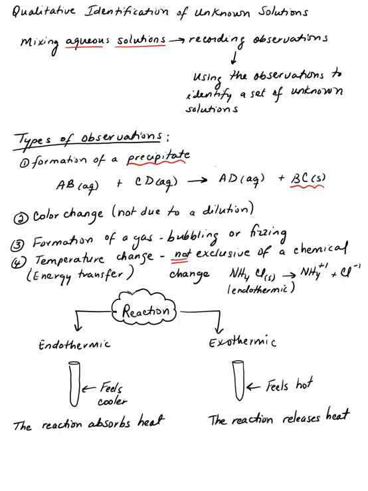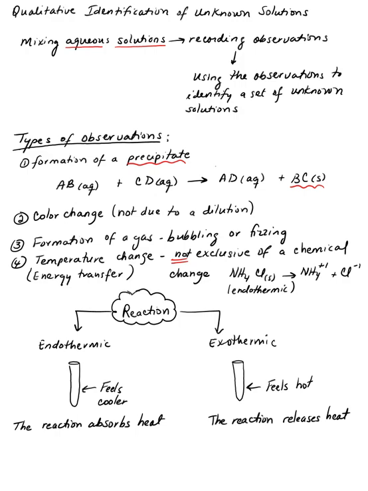BC, I'm identifying that one as a solid. When you get a solid as a product of a reaction, that solid is a precipitate, and that's a precipitation reaction. So that's one of the things that you have to be looking for, formation of a solid.